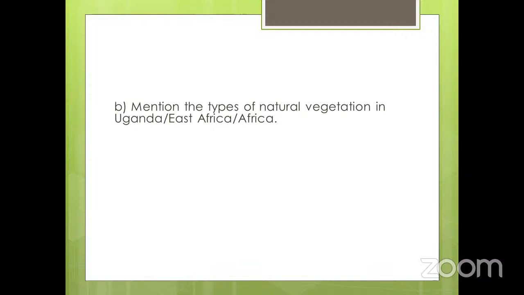So we are going to categorize the types of natural vegetation there. Maybe before we look at them, we are going to look at the types of natural vegetation in Uganda. Then from Uganda, we shall go to East Africa. Then from East Africa, we shall go to Africa. Let's begin with Uganda.